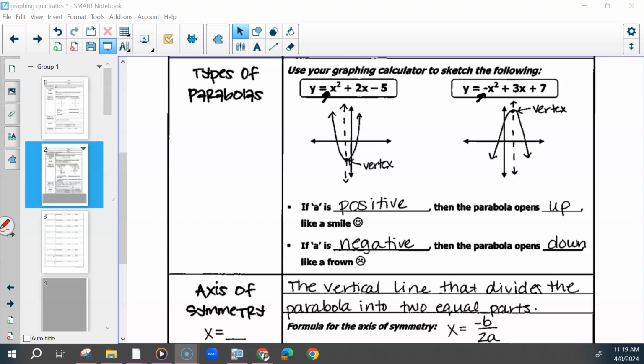Anyone still need these graphs? Did you get these graphs? I'll leave that up. What number is that? 10.